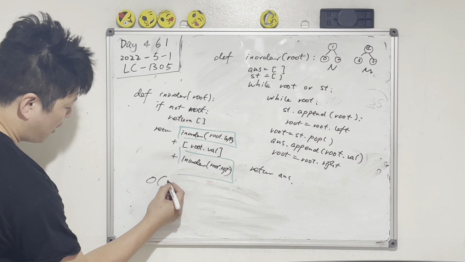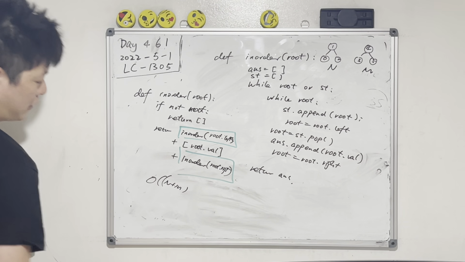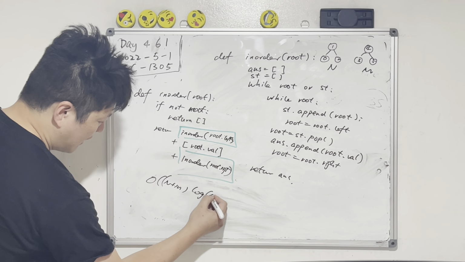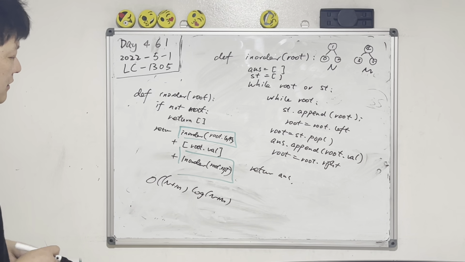The time complexity will be O((n plus m) log(n plus m)), where n plus m is the total number of nodes. This is the traversal.